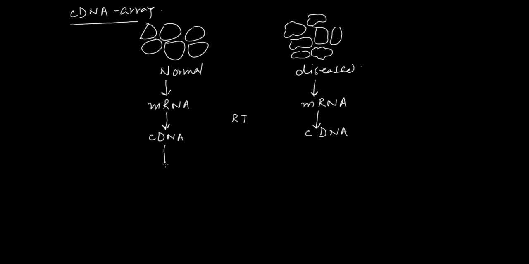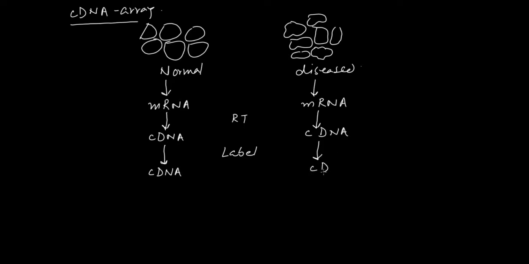The next step is to label. So we do fluorescent labeling of these cDNAs, right? In cDNA array, we need to have two different fluorescent dyes.